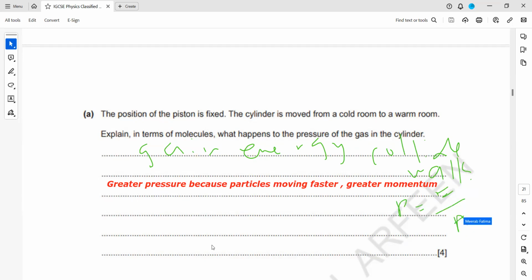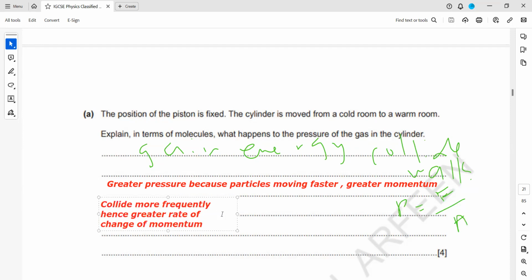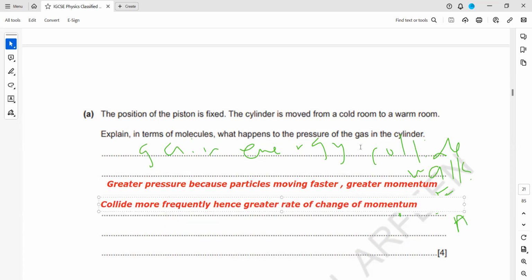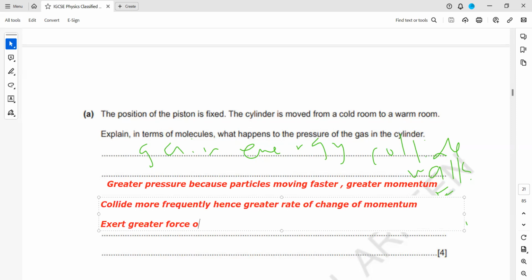That's correct. Hence, the rate of collisions will increase. So they exert greater force on unit area, creating a high pressure. And it increases the pressure.